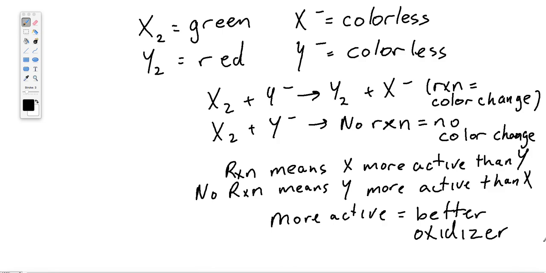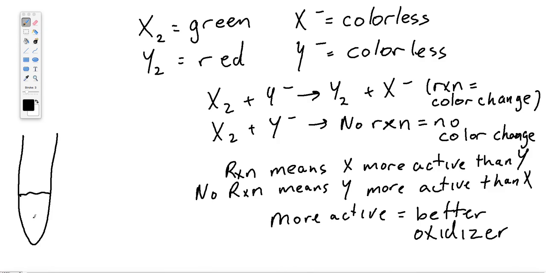But let's talk about what we're actually doing in this process when we're trying to figure out if between two elements, X and Y, which one is going to be more active. So the process involves taking a test tube, and the first thing we would do is put X2 into that test tube.